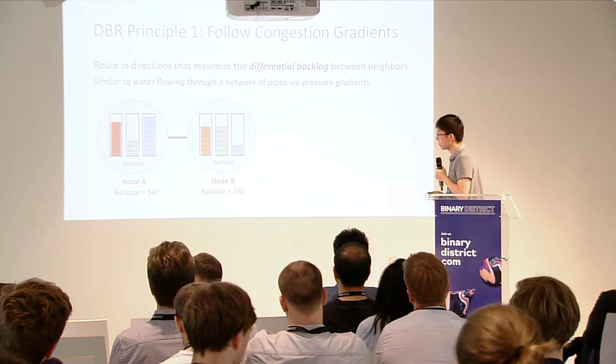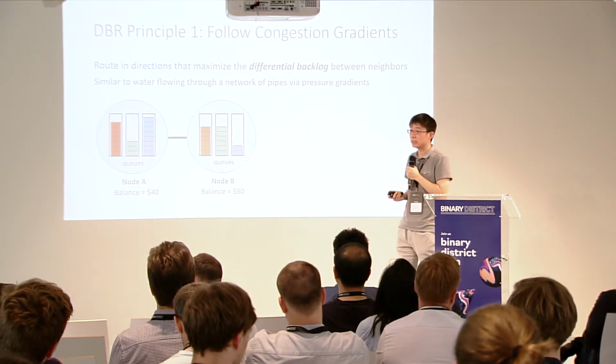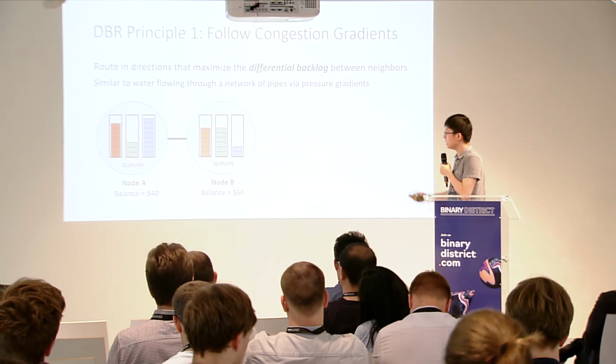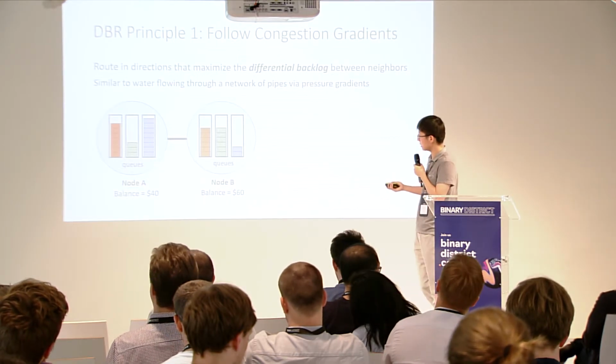For example, here we have 2 nodes, and each node maintains a queue of the payments to a destination. It will pick the commodity, in the terms of backpressure routing, that is the payment with the maximum backlog. Here we have nodes A and B, with balances 40 and 60, and these are the queue lengths.